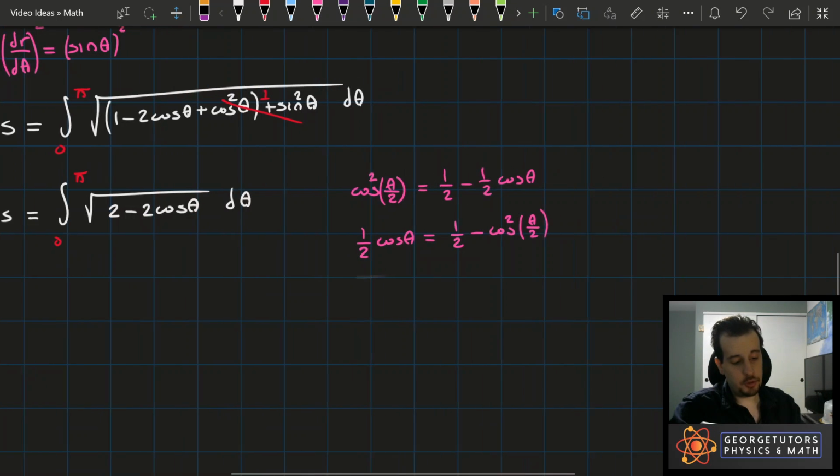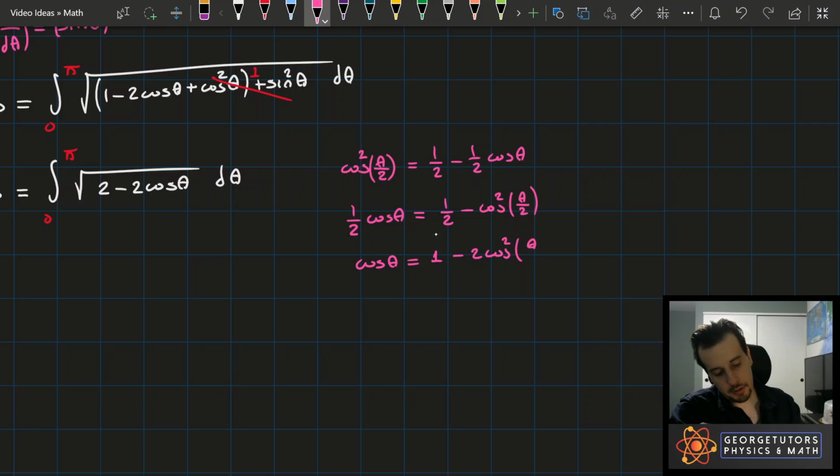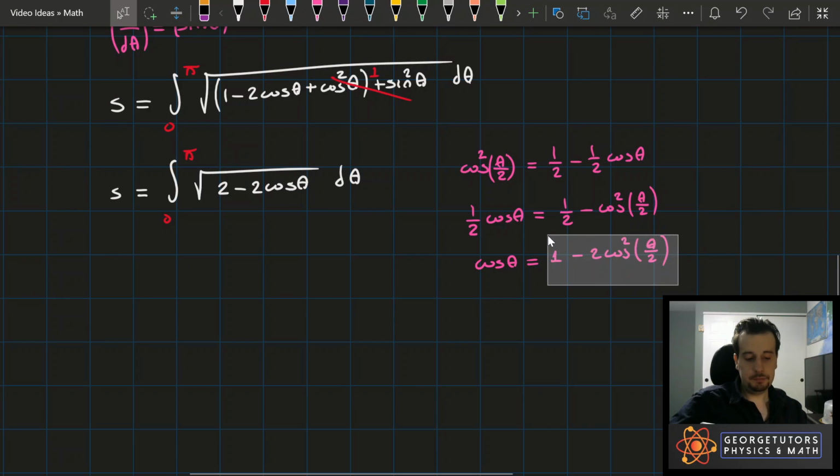That's exactly what I'm trying to do. So I need to multiply both sides by 2. So I get cos of theta equals 1 minus 2 cos squared of theta over 2.